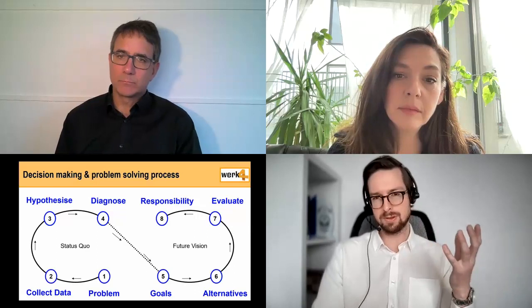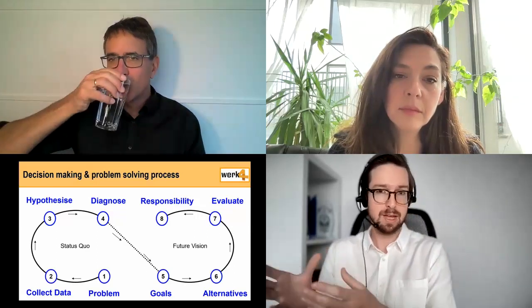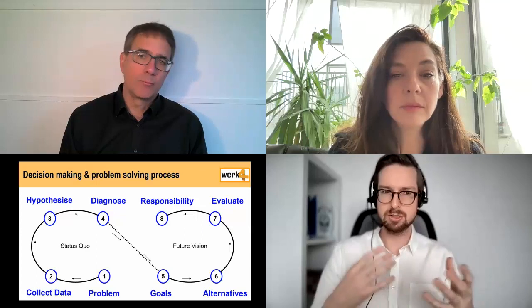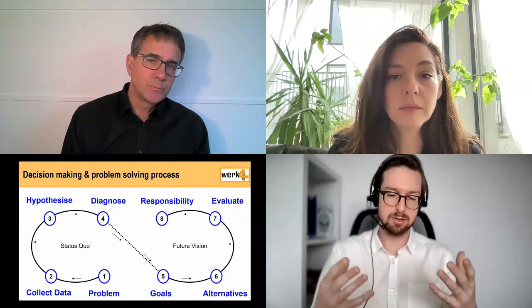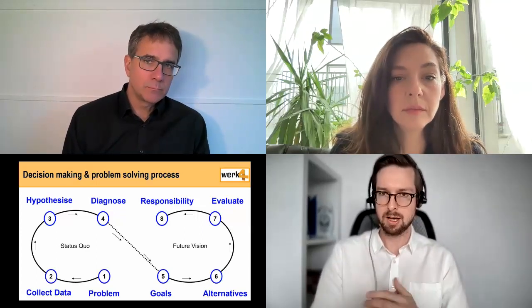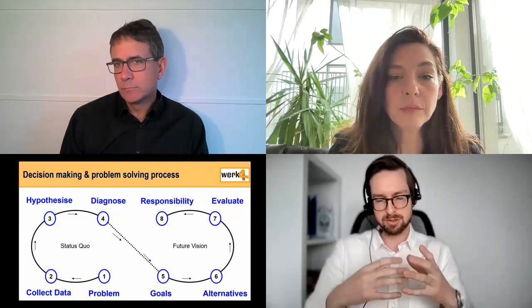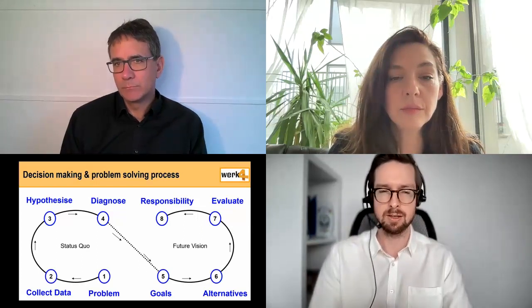So the method here is a very open discussion with open theories, and the key question: could it be this? Could it be that? How about this? Open proposals of suggestions of where this could be coming from, but in a non-confrontational process, in order to create an open atmosphere for discussion.